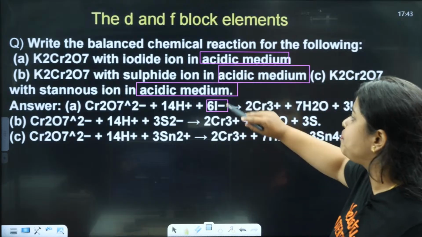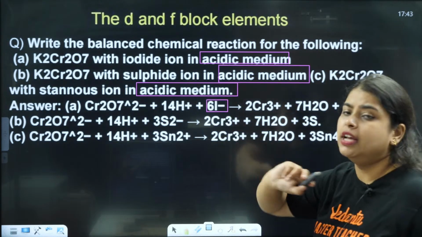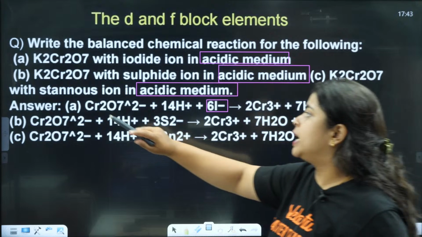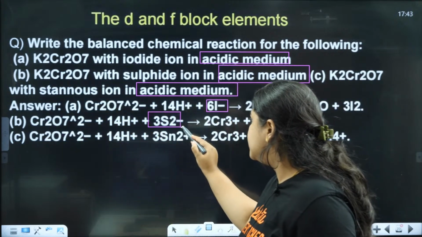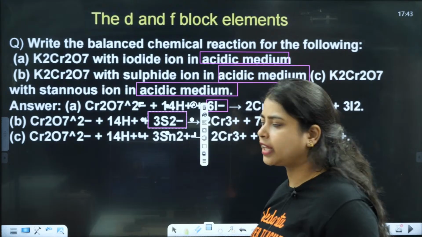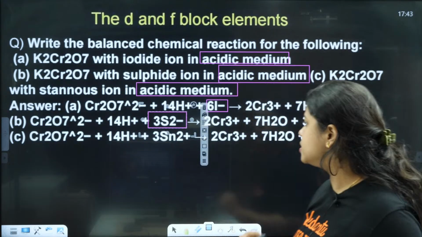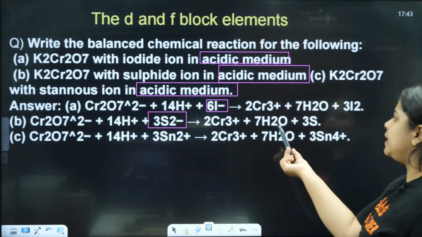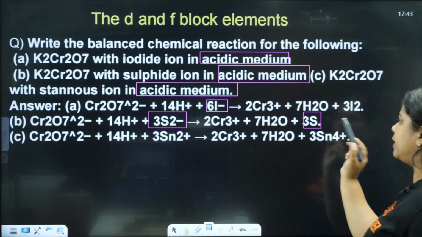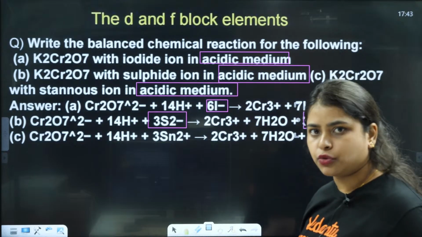Second one is with the sulfide ion. So if we take K2Cr2O7 with sulfide ion, what forms? They have taken 3 sulfide ions with 14 hydrogens. What is going to form? 2Cr3+ plus 7H2O plus 3S. Clear? So this is how the reaction is going to form.